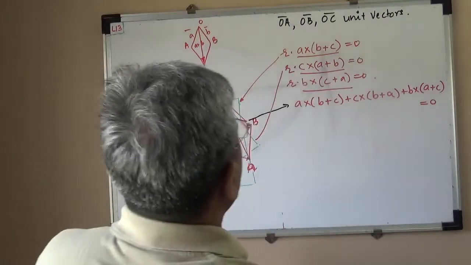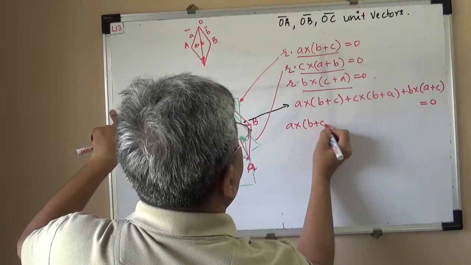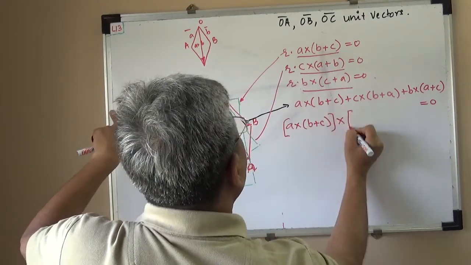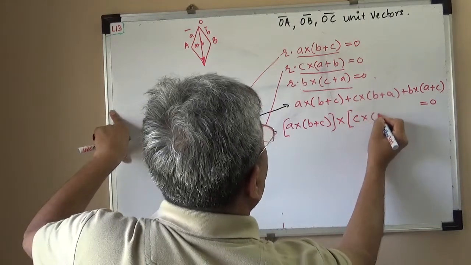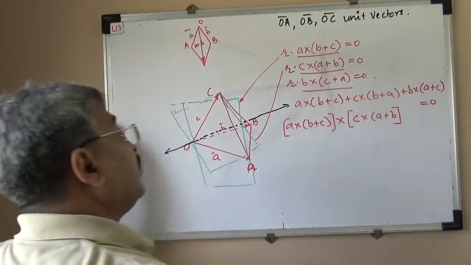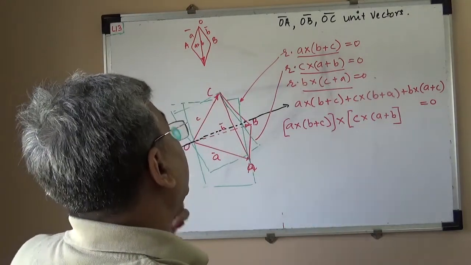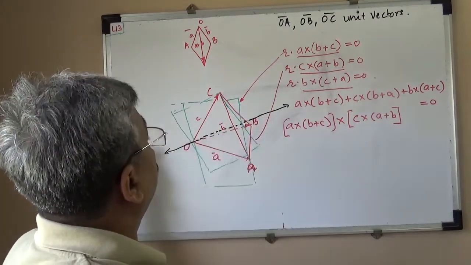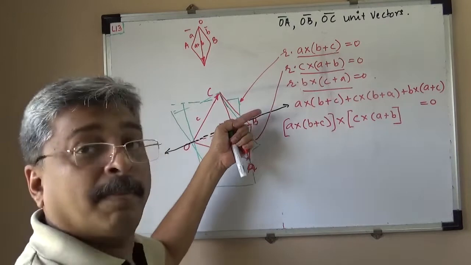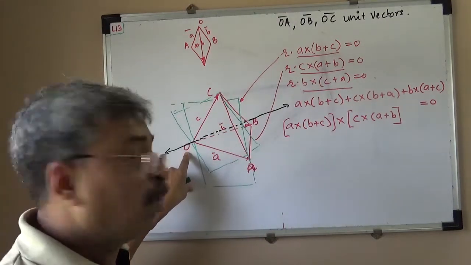So what we should deal with now is A cross (B plus C) cross C cross (A plus B), which is the vector with the direction of the black line, and the base point anyway you have the origin.